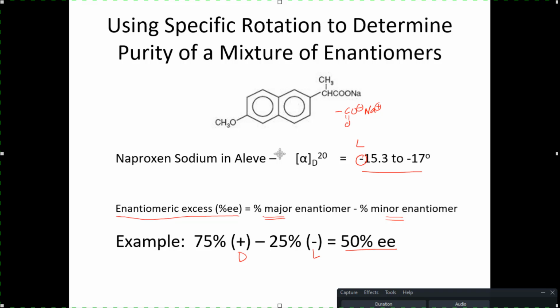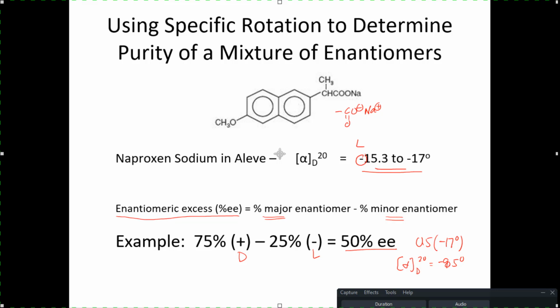Now, for the specific rotation, that means a 50% enantiomeric excess would give a rotation that is 50% of, let's say, minus 17 degrees. So the specific rotation that I measure would be basically minus 8.5 degrees instead of minus 17.